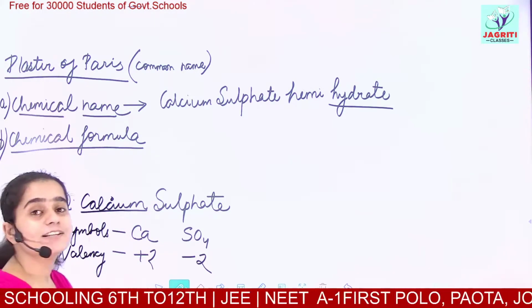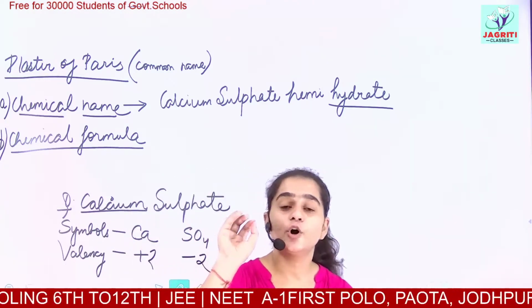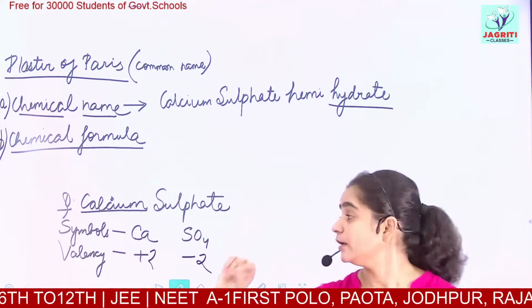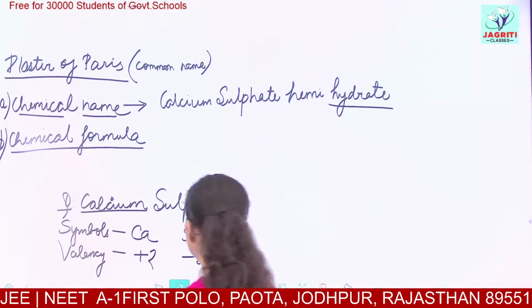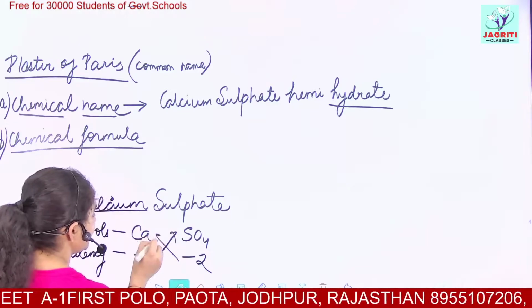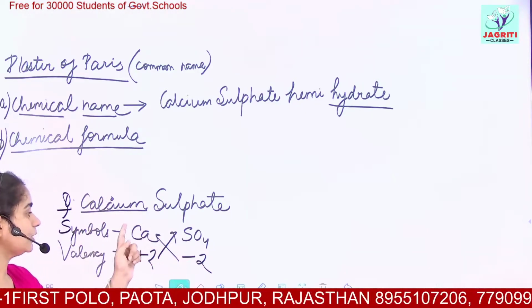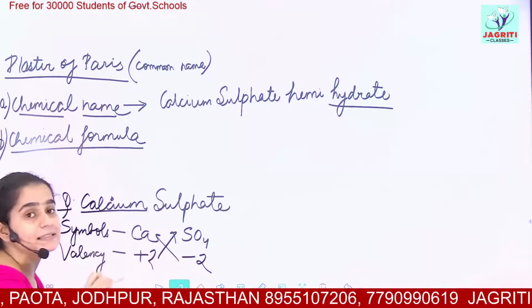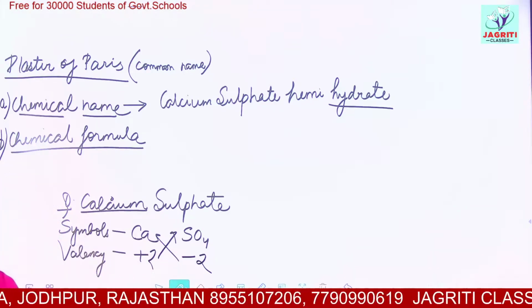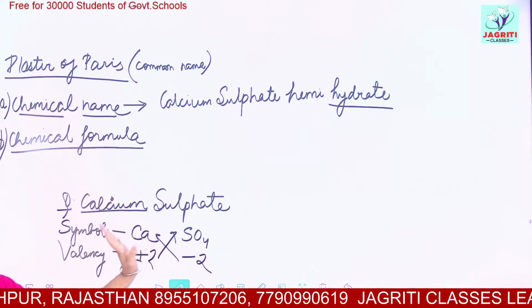Then what is the next work? For formula making, we write the symbols, we write their valencies. Then next we cross multiply the valencies. This -2 goes to calcium and this +2 goes to sulfate. And you know plus minus is minus, and 2 minus 2 is 0. That is, no suffix will be added.